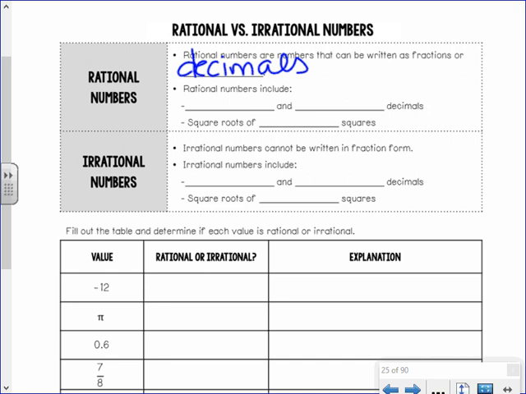Terminating or repeating and terminating, however you want to say that. Okay? So fractions and decimals, decimals that terminate, decimals that repeat. Also, the square roots of, what do you think we're going to put in there? Perfect squares.